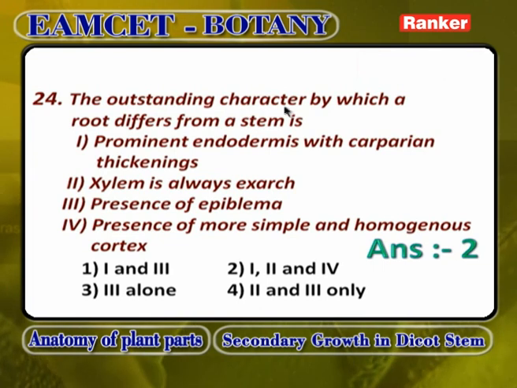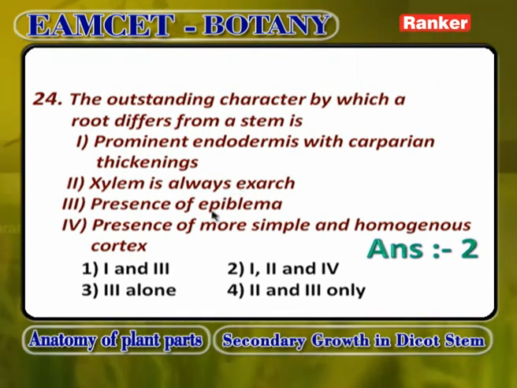The outstanding character by which a root differs from a stem, that means how a root differs from a stem in its anatomical features. Prominent endodermis with Casparian thickenings is correct. Xylem is always exarch is correct, because in stem it is endarch, in root it is exarch.